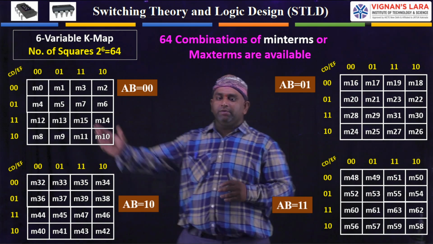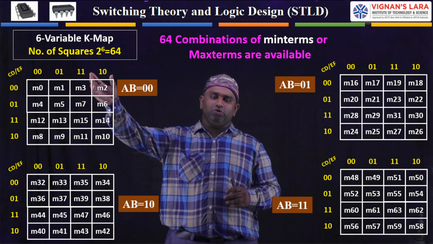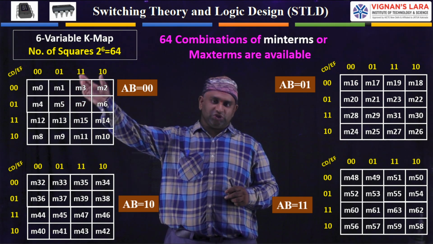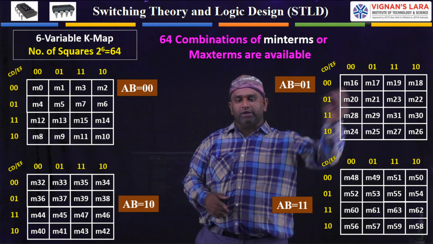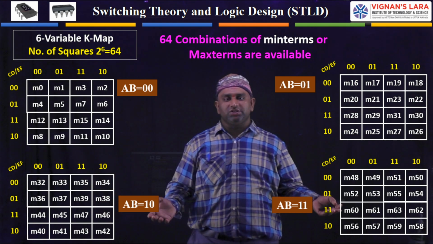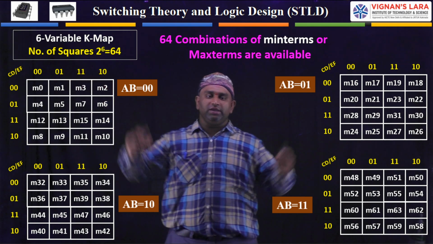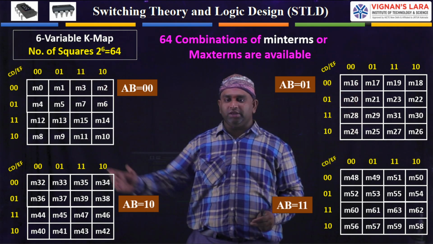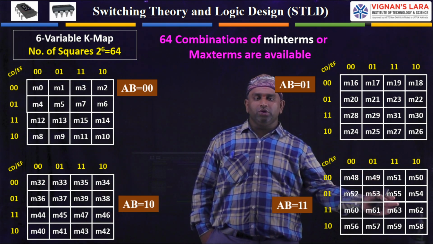Before these C, D, E, F values, the AB value is 0, 0 for the first 16 combinations. The next 16 combinations run with 0, 1, the next 16 with 1, 0, and the last 16 combinations with 1, 1. That is 0 to 15 here, 16 to 31 here, 32 to 47 here, and 48 to 63.